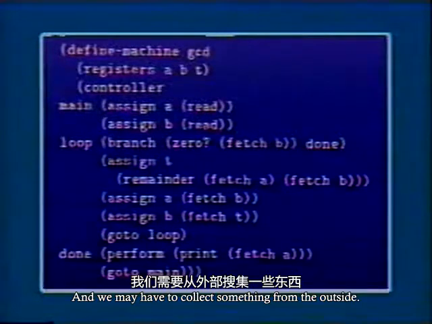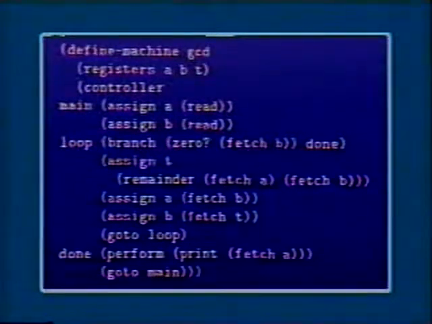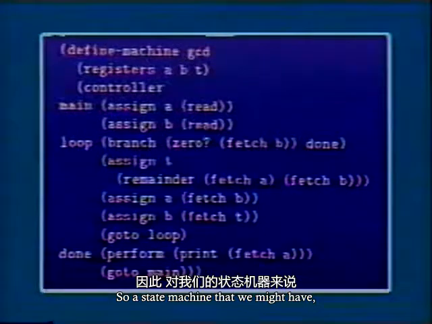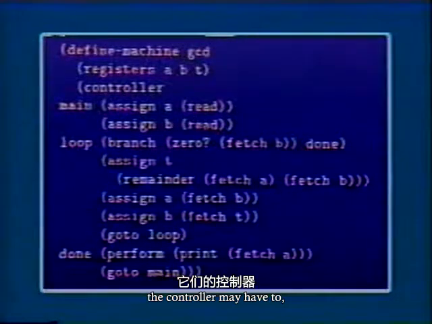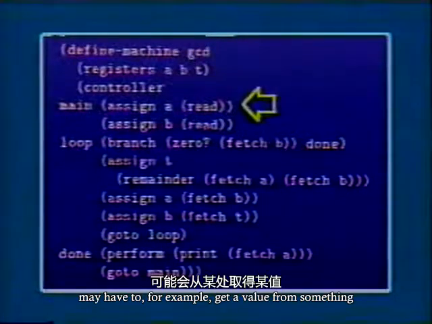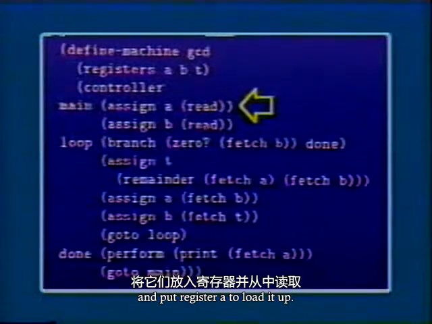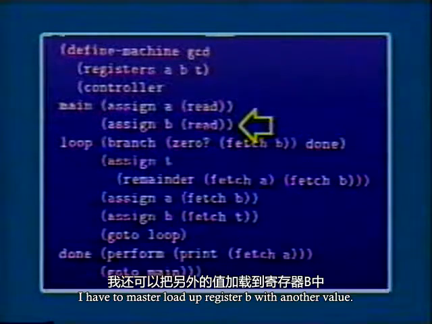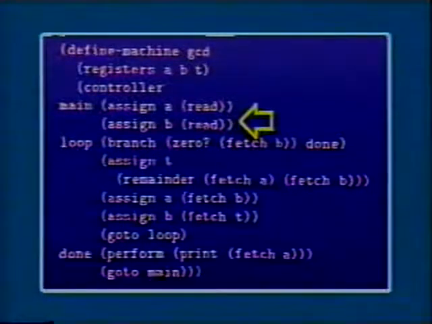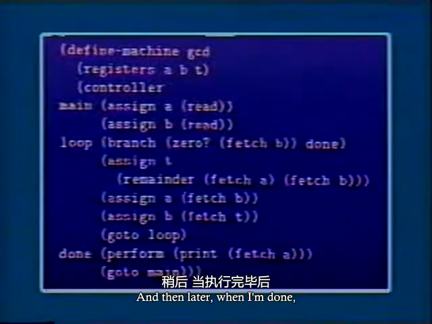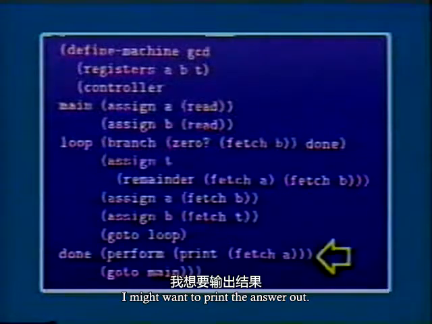And we may have to collect something from the outside. So the state machine that we might have, the controller, may have to, for example, get a value from something and put it into register A to load it up. I may have to load up register B with another value. And then later, when I'm done, I might want to print the answer out.